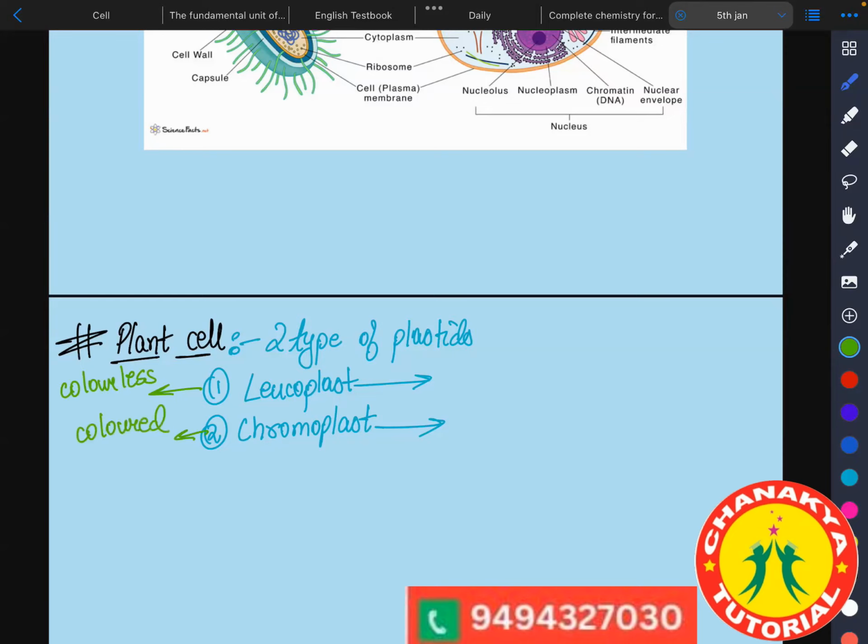Leucoplast stores nutrients, whereas chromoplast contains colored pigments. So chlorophyll and all. It contains what? Chlorophyll.